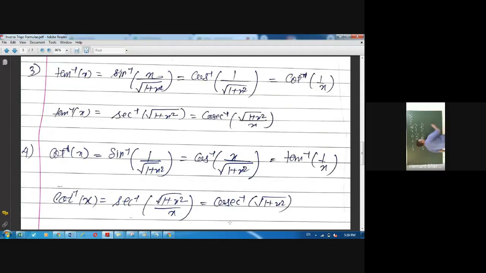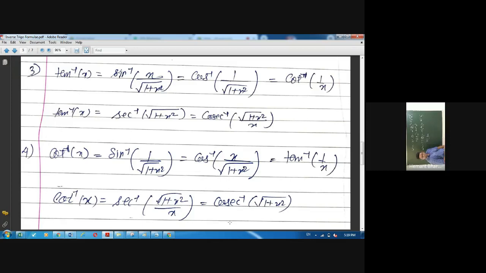For cot, we know tan is 1 upon cot, cot is 1 upon tan. So it will be cot inverse of 1 upon it. Similarly, for sec inverse, it will be x upon under root of 1 plus x.